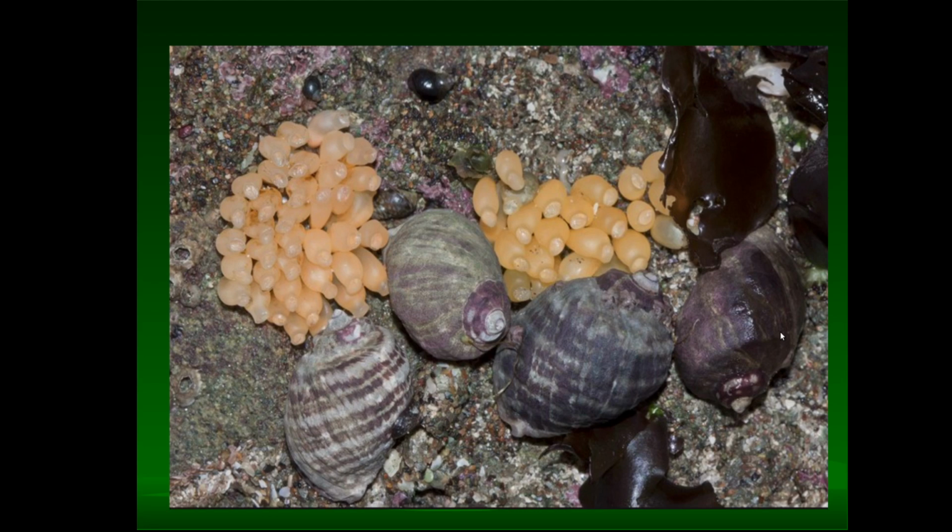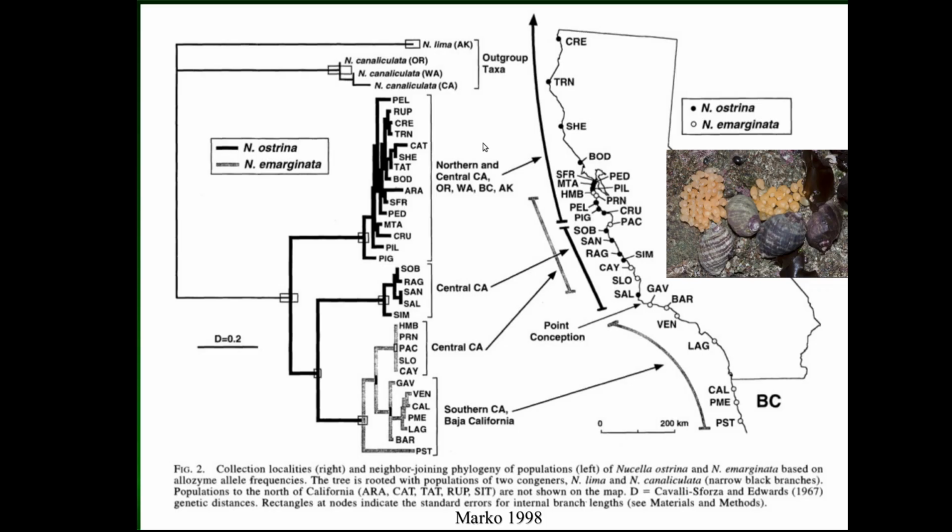Barriers to migration are illustrated by two marine snail species, Nucella ostrina and Nucella emarginata, whose populations have migration barriers caused by shoreline geomorphology, for example, at Point Conception, California. So there's a breakoff point right here at Point Conception. And on opposite sides, the species are different.